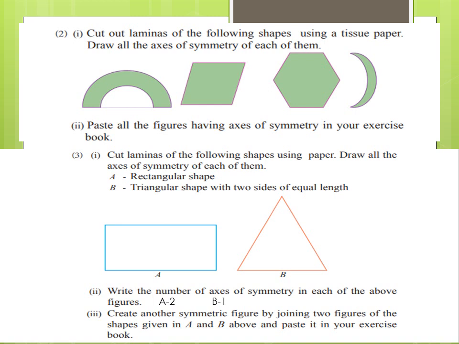So first you should cut these things, then find how many axes of symmetry each has. A has two and B has just one. The third one, you should join them, make a house, and paste it in your exercise book.